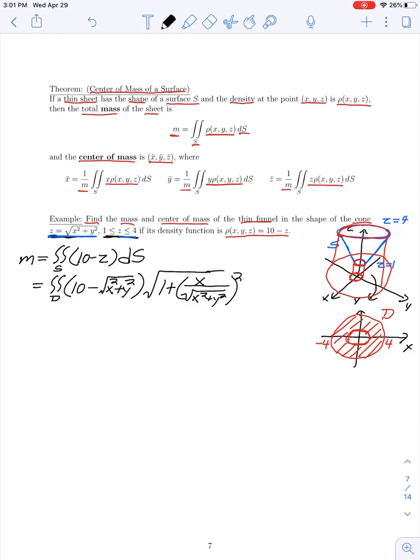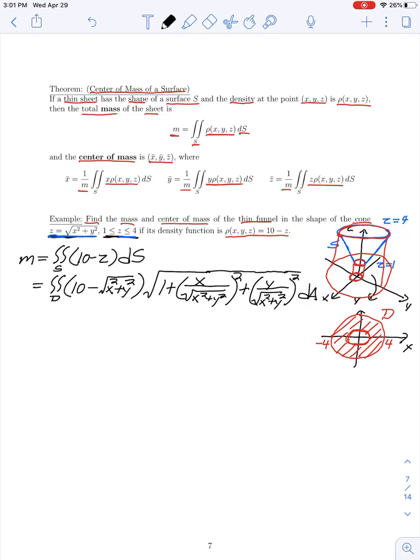So I'm then squaring that quantity. And then we add the partial derivative with respect to y, which similarly, using the chain rule, would be y over the square root of x squared plus y squared, quantity squared. And we're evaluating this double integral over D with respect to area. So let's see what we get here.